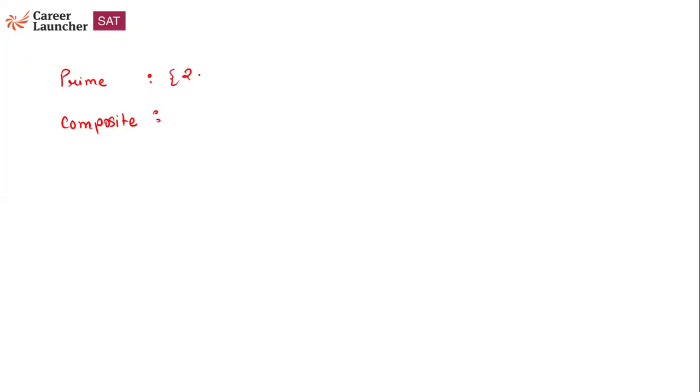Like 2, 3, 5, 7, 11, 13, 17, 19, 23, 29, and so on. So these numbers are known as prime numbers. Why? Because they have only two factors, 1 and the number itself.